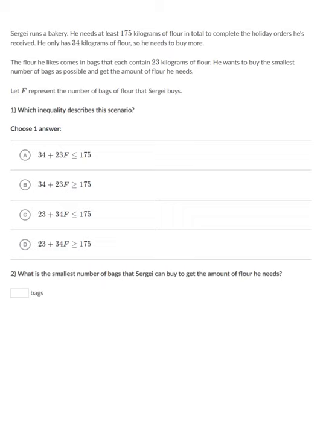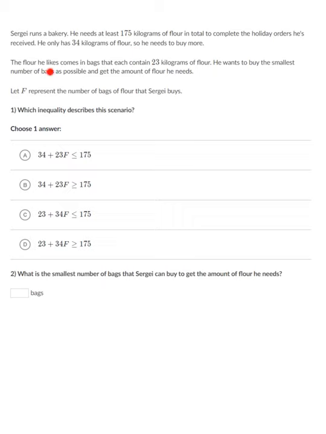All right, here's another example. Sergey runs a bakery. He needs at least 175 kilograms of flour in total to complete the holiday orders he's received. He only has 34 kilograms of flour, so he needs to buy more.